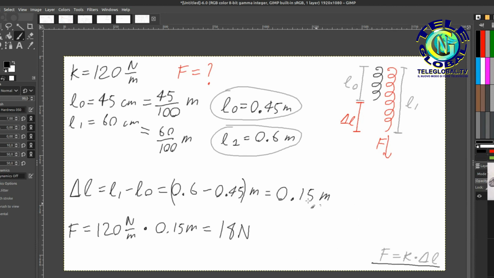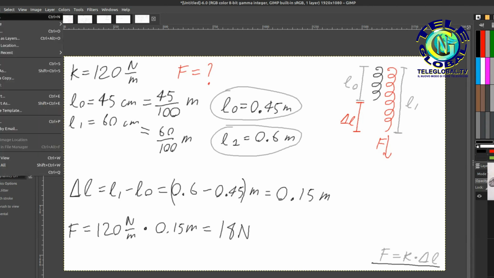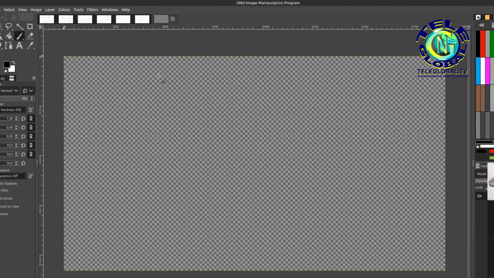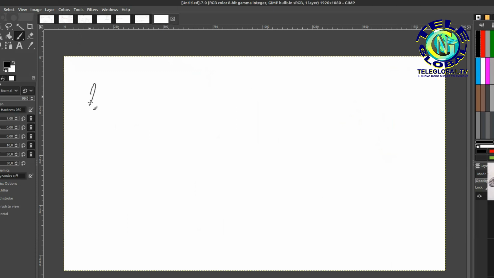Yeah, yeah. So let me make a new page. So the problem says that the starting length is 45 centimeters. Sorry, 45 centimeters. Okay.